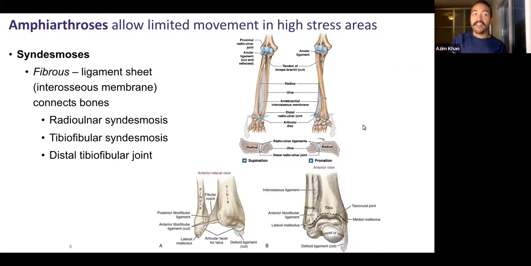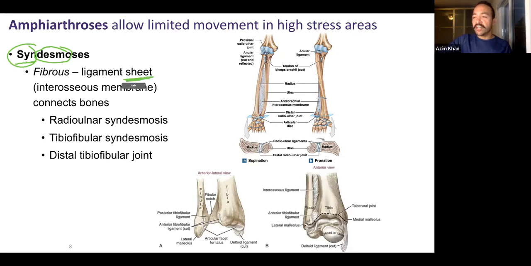Slide 8. Another example of an amphiarthrosis is a syndesmosis. Syn means together. Desmo also means together. It means to link and to attach. We've seen desmo with desmosomes. This is involving a sheet of ligament.